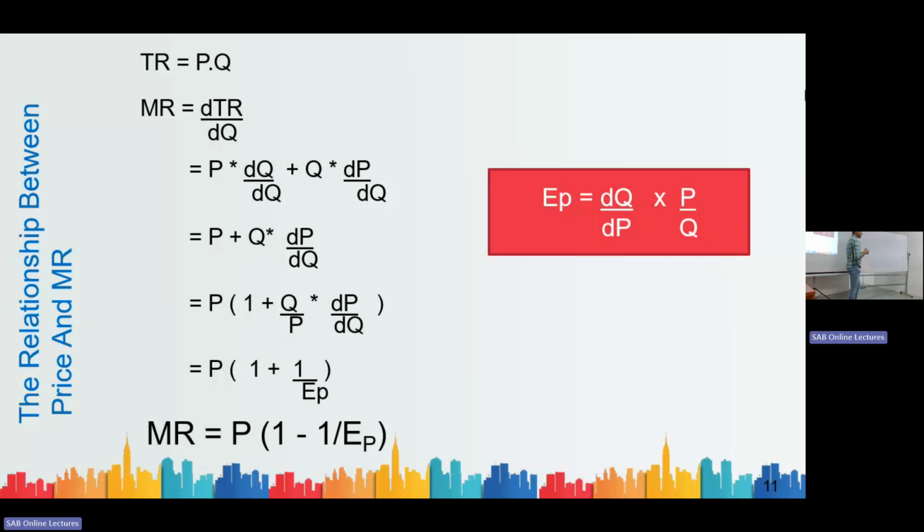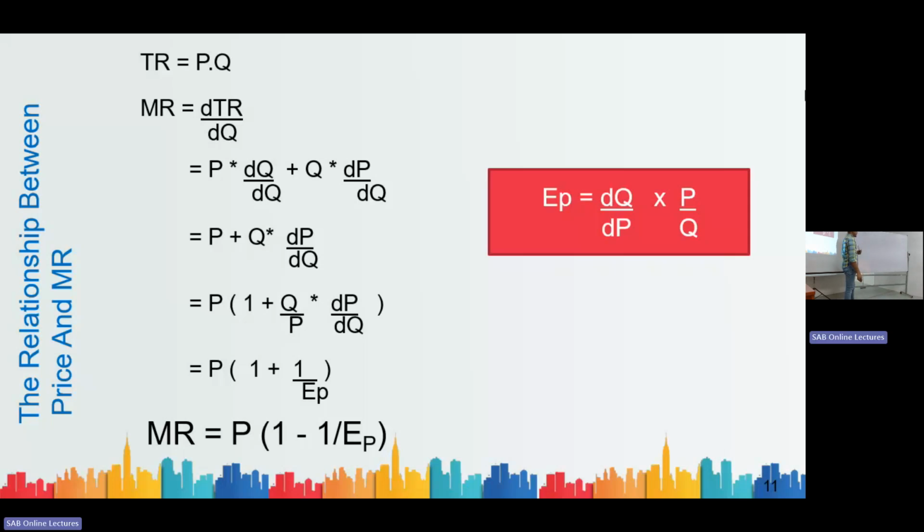Be careful about it. You have to be specific about which method you are following. Both ways are correct. If you are using the absolute value of the price elasticity of demand, this sign should be negative. If you are using the price elasticity of demand with the negative sign, then this should be a plus.